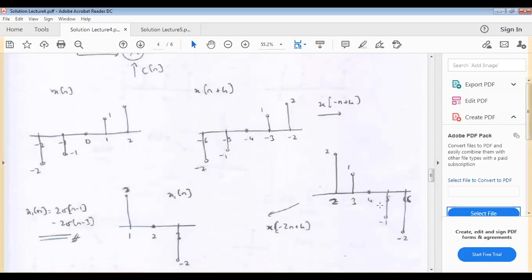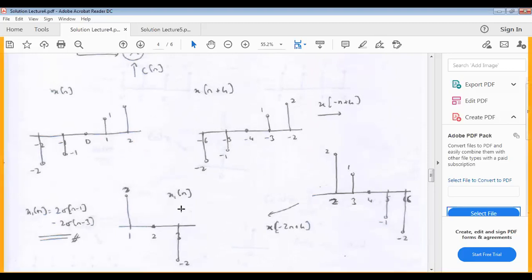When we divide n by 2, we get 1, 3 over 2, 2, 5 over 2, and 3. Knowing that n must always be an integer, the values at n equals 3 over 2 and 5 over 2 can be omitted. So we are only left with the values at n equals 1, 2, and 3. This is the x1[n] that we have obtained from the operations on x[n].